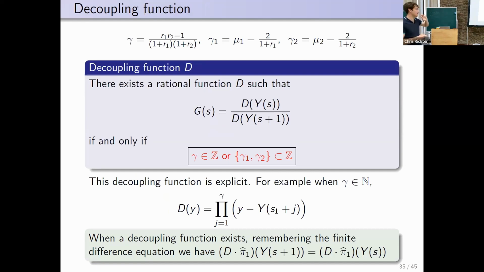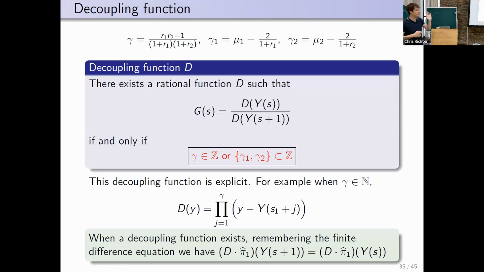So the goal now is to write g as the quotient of d of y of s divided by d of y of s plus 1. Why do we want to do this? In order to obtain this kind of equation, which is d pi1 of s plus 1 is equal to d pi1 of s. Just an equation which will be periodic and simpler to study.